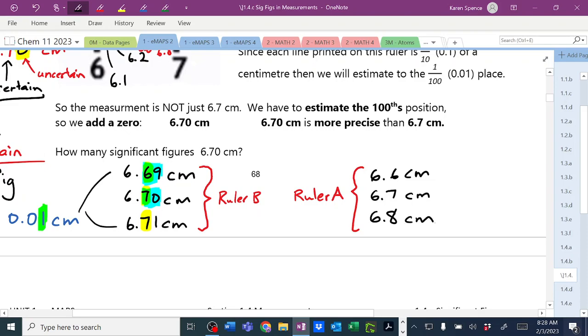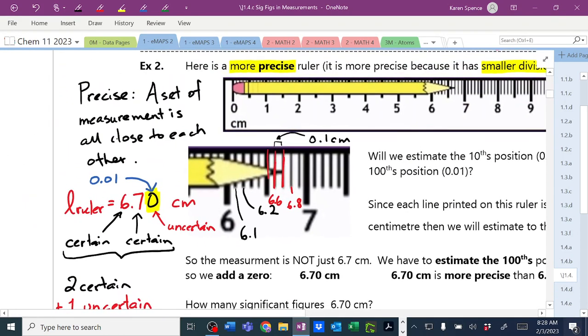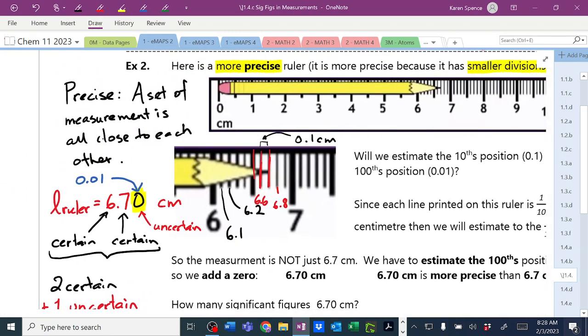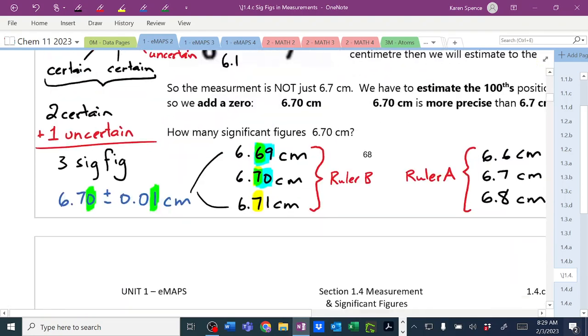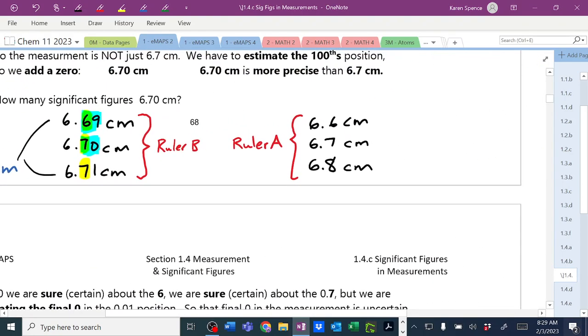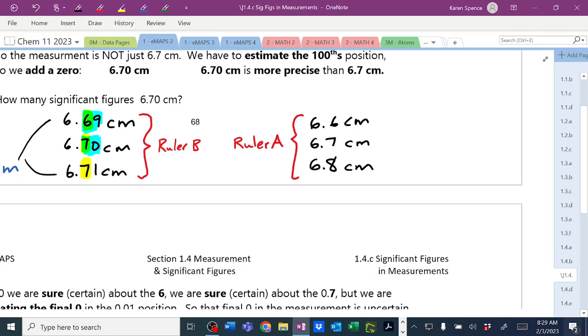And remember, precise means that the measurements are all close to each other. If something is very precise, the measurements are close to each other. The more precise, the closer they are. Let's take a look at ruler A and ruler B. Which one has measurements that are closer together?